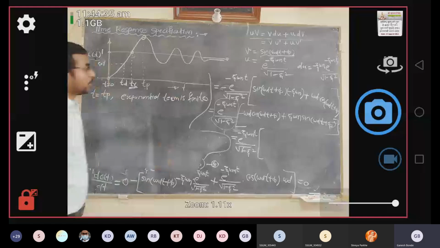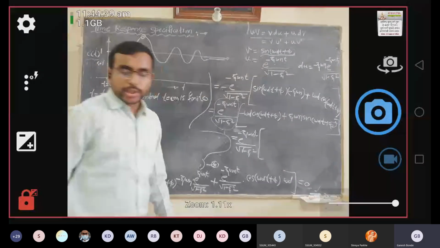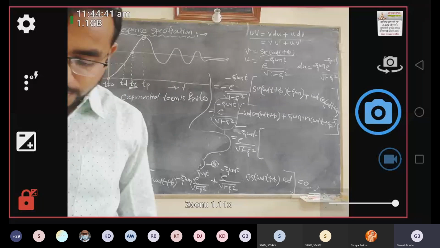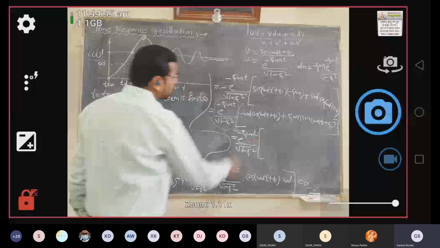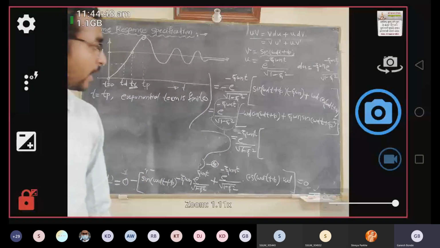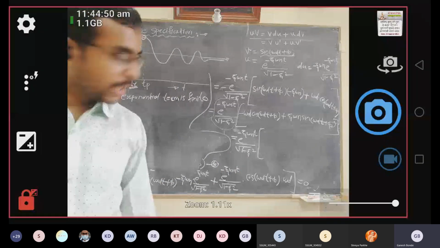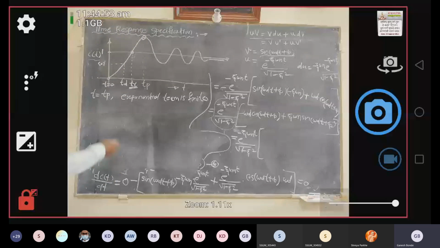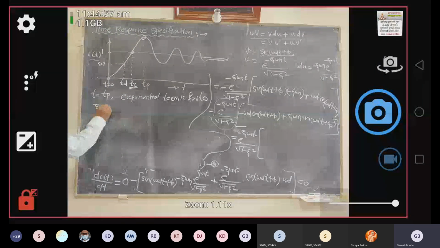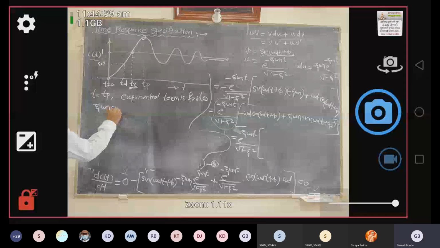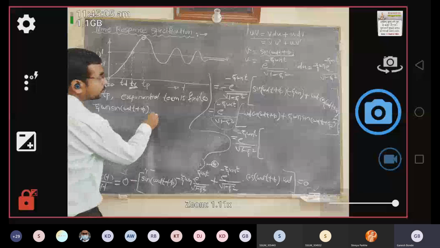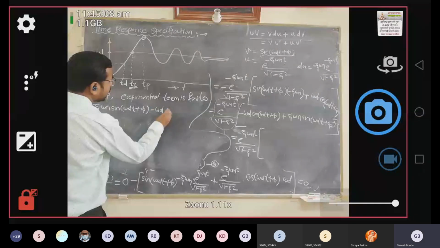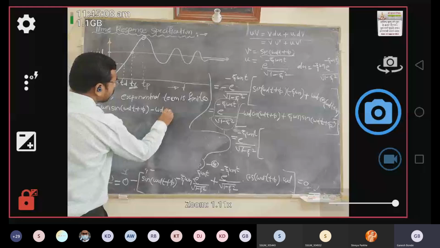Okay, then what about the second term, the cosine and sine term? Which is the second term you have here? Zeta omega n into sin of omega dt plus phi minus omega d cos of omega dt plus phi. So the second term is zeta omega n sine of omega dt plus phi minus omega d into cos of omega dt plus phi, which is equal to 0.